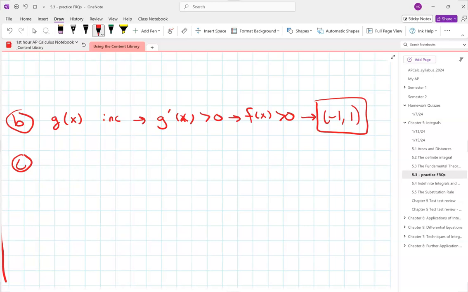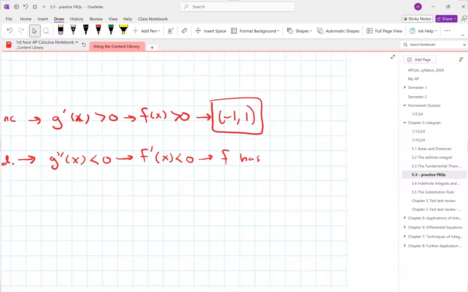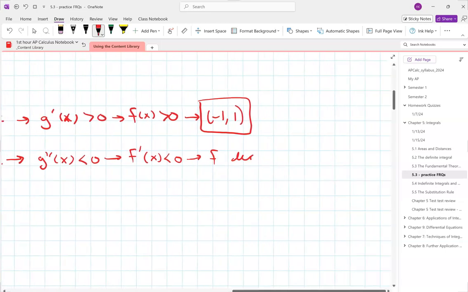Part C says, for what values of x in the open interval from -2 to 2 is the graph of g concave down? What do I need to look at to tell if a graph is concave up or concave down? Second derivative. Should it be positive or negative if I'm concave down? Negative. Very good. Which is the same as where f prime is negative, which is going to be where f is decreasing, right?